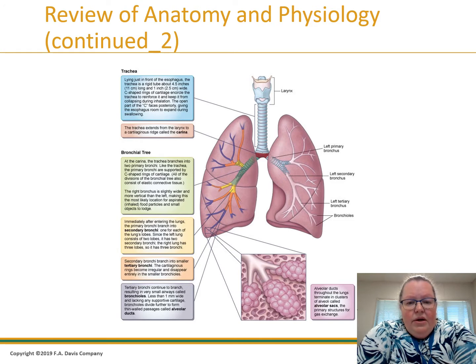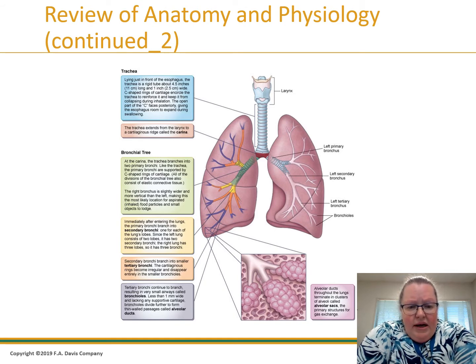And then we have the bronchial tree. At the carina, the trachea branches into 2 primary bronchi. Like the trachea, the primary bronchi are supported by C-shaped rings of cartilage. The right bronchus is slightly wider and more vertical than the left, making it the most likely location for aspirated food particles and small objects to lodge.